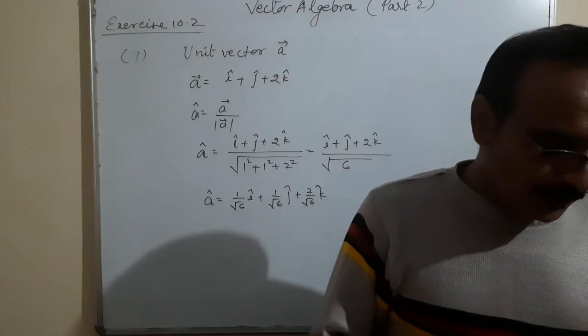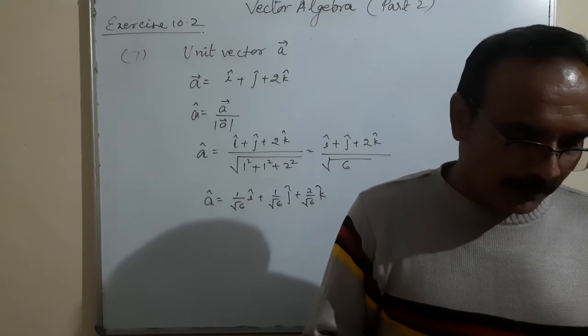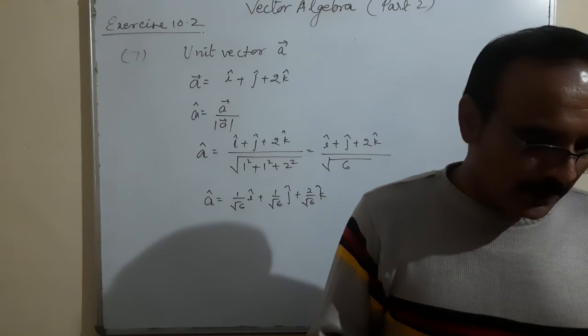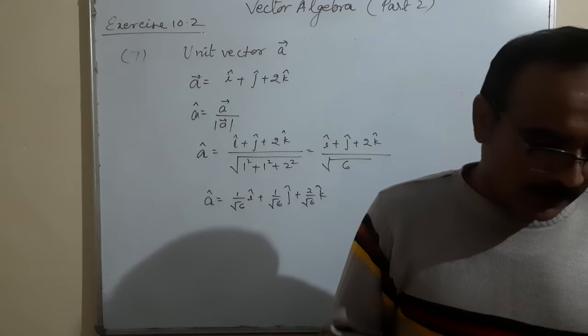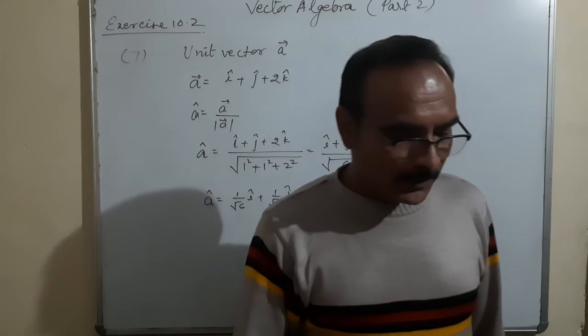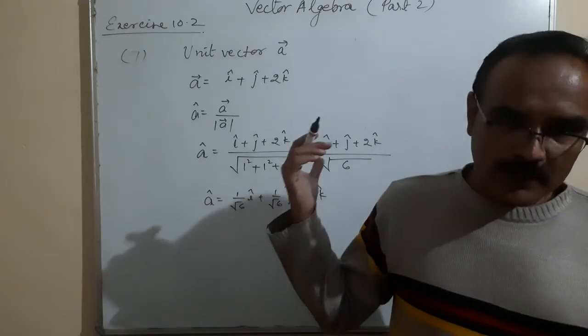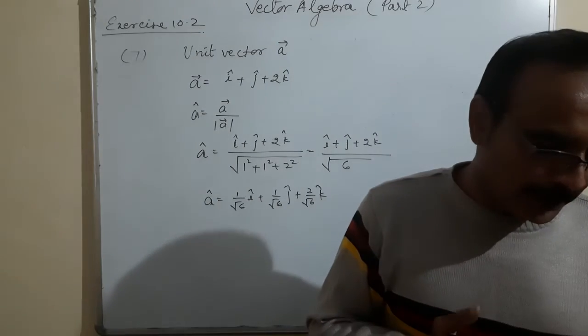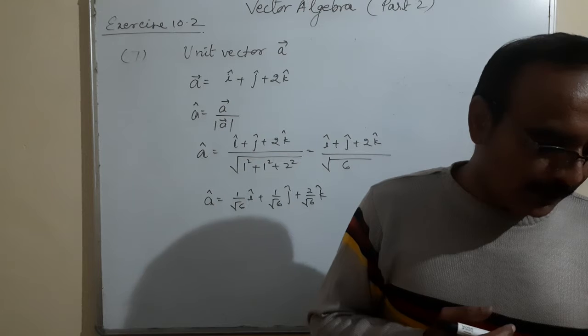Next question, they are asking to find the unit vector in the direction of the vector PQ, where P and Q are 2 points respectively. This also can be solved by you. Position vector of Q minus position vector of P, and then you will find the unit vector like that. I am taking question number 9.